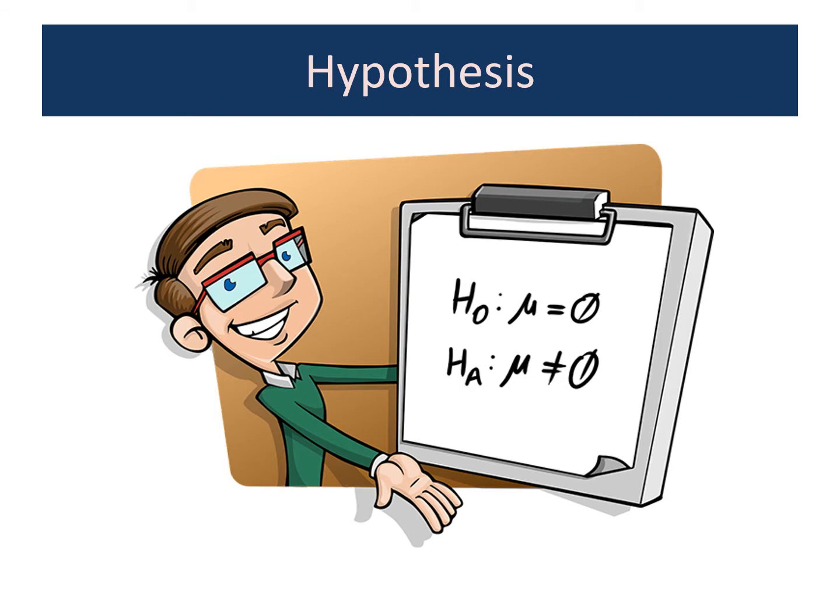Now over here, with the help of the hypothesis, we can come to one more point, whether this is a one-tail or two-tail test. Over here, we are not mentioning whether the second set of scores is higher or lower than the first one. So whenever there is no direction mentioned, it will be the two-tailed test. And in the question which I have given, there is no direction mentioned. So that is the two-tailed test.